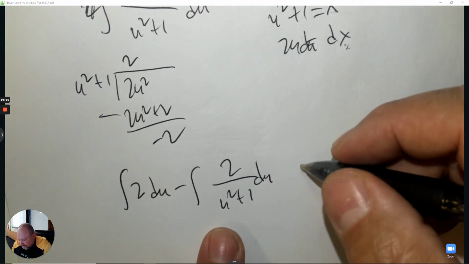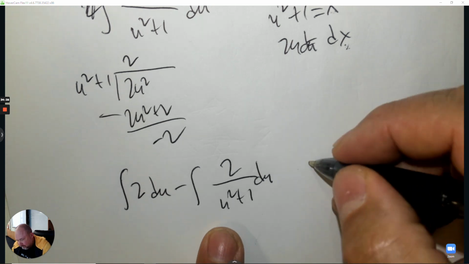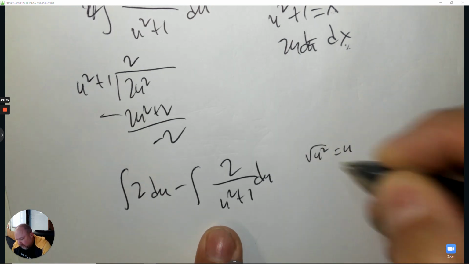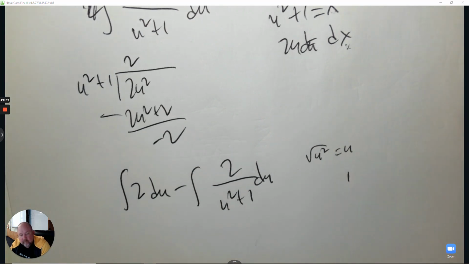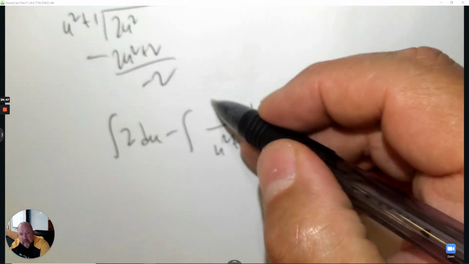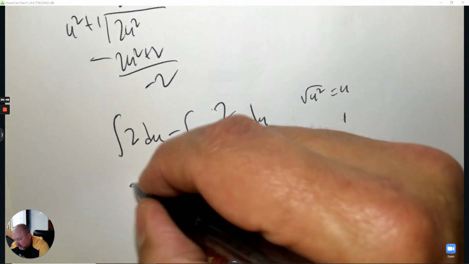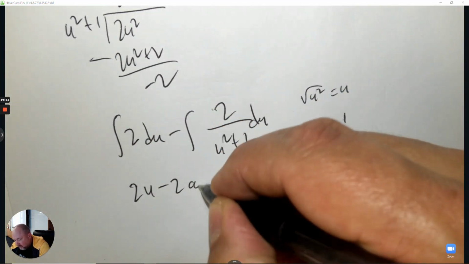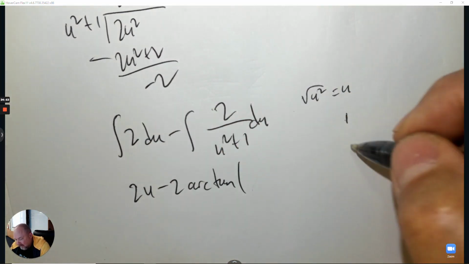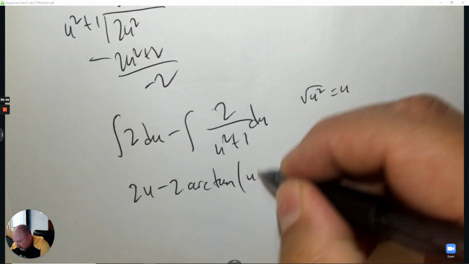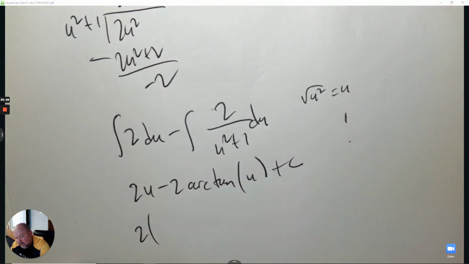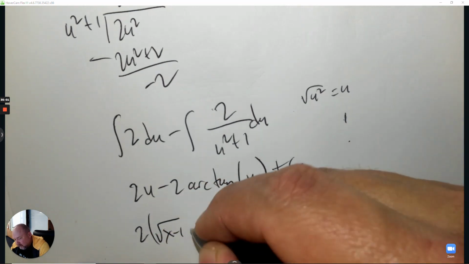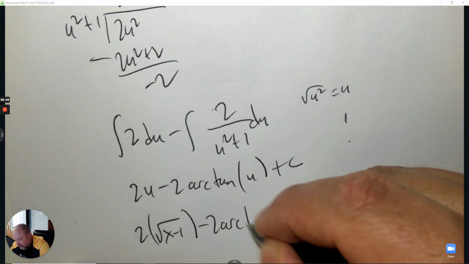This is arctan. So we have a 2, it should be a 1, so we just put a 2 in front. So this is 2u minus 2 in front, arctan u over a, which is 1, so this is u, plus c, and then put u back in, which is the square root of x minus 1.